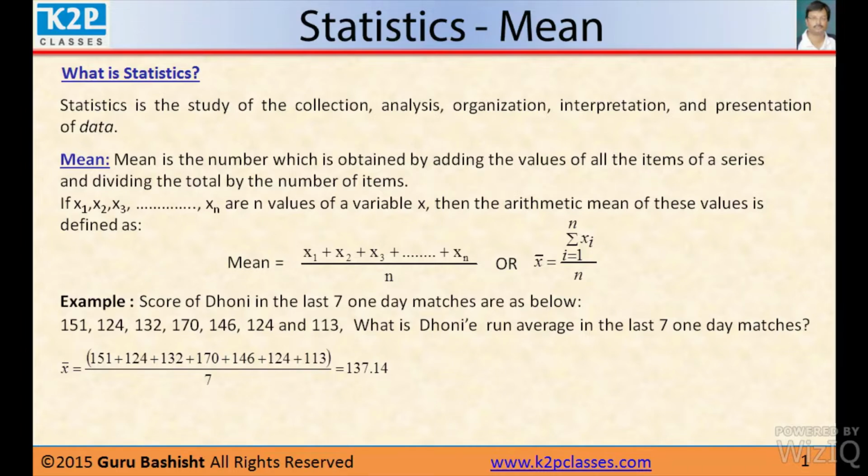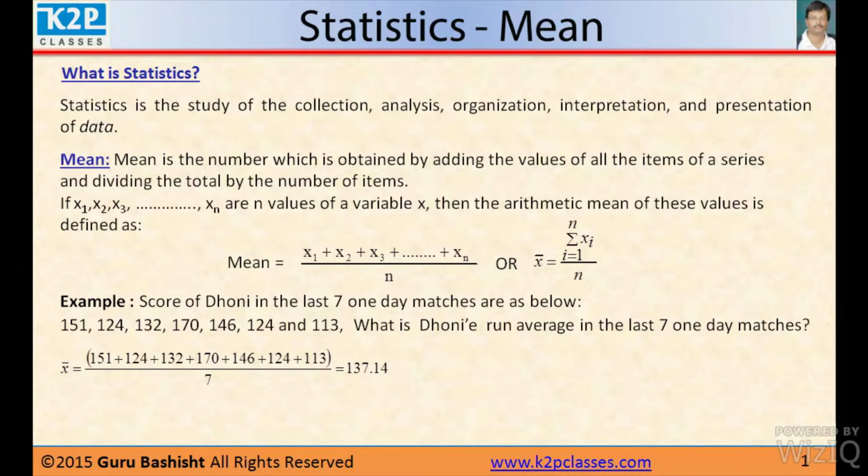Now, what is the use of mean? The simplest use is to measure or compare two things. Suppose we are in the selection committee of the Indian cricket team and we have to select 2 batsmen. So what will we see? What is the average of the 2 batsmen?